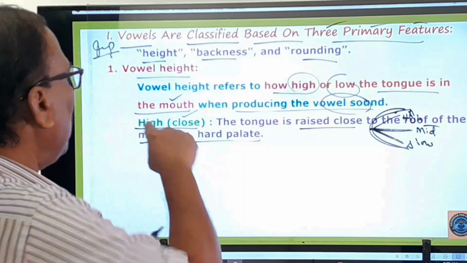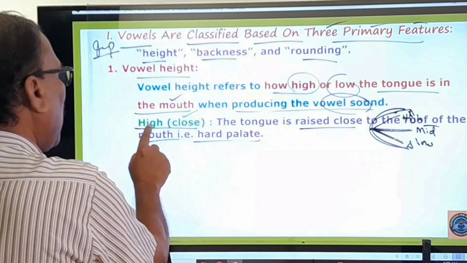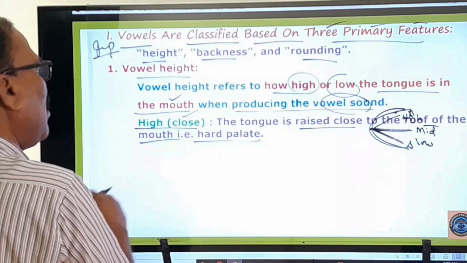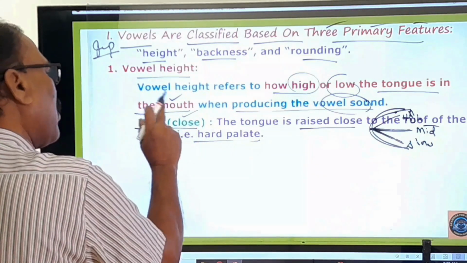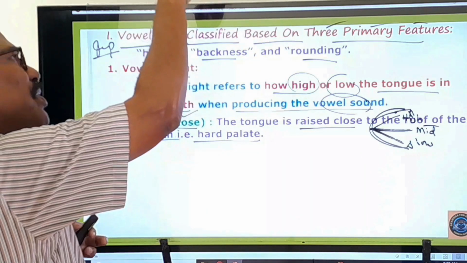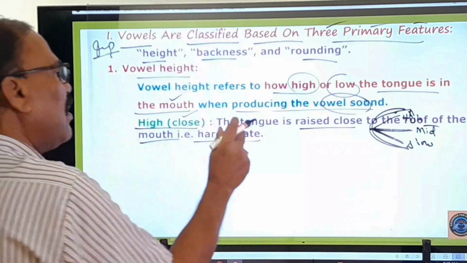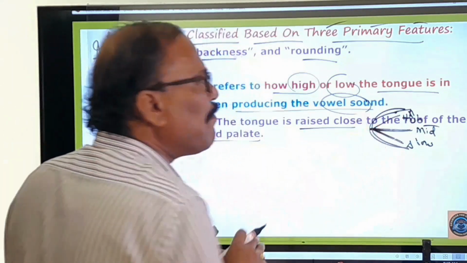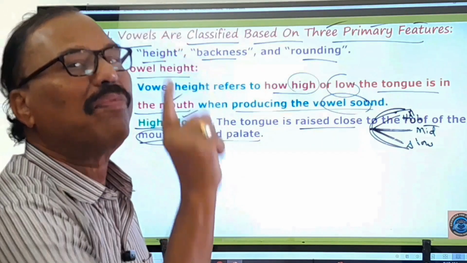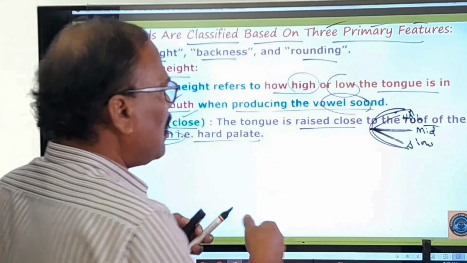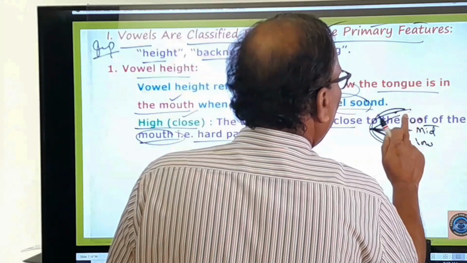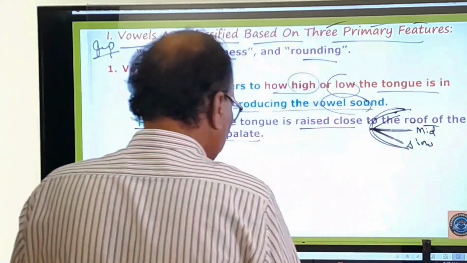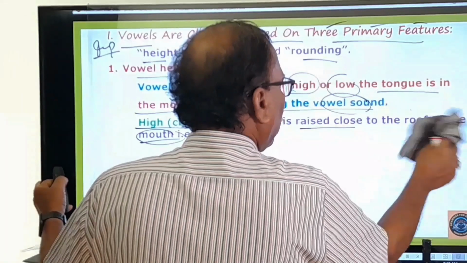So that is called vowel height. And here high means another word, close. You can call it high or close. The tongue is in high position or close position to what? The tongue is raised close to the roof of the mouth. Roof of the mouth means what? That is the roof of the mouth. So this is the roof. Let me draw this picture here for your clear understanding.